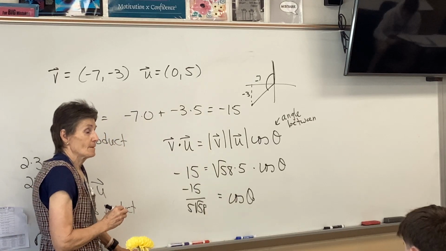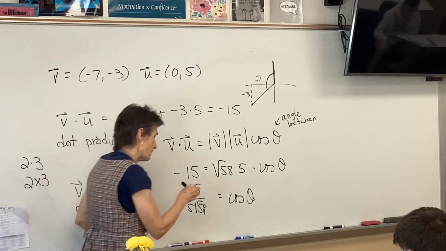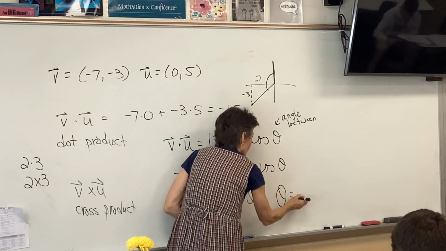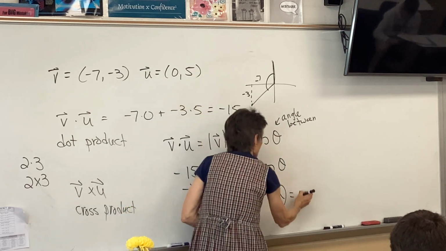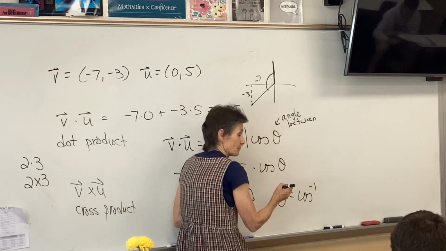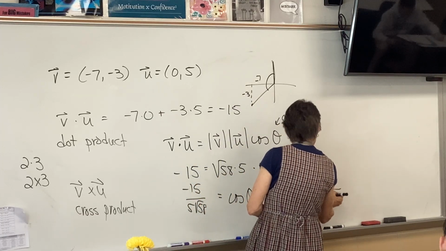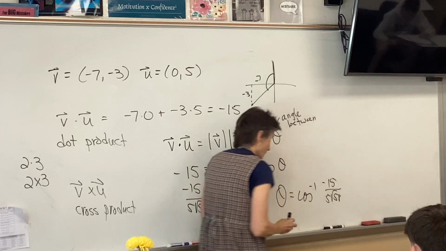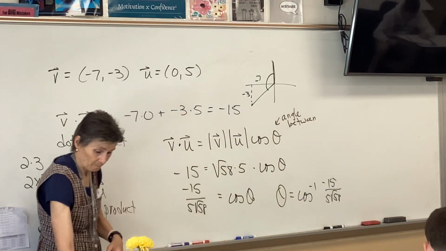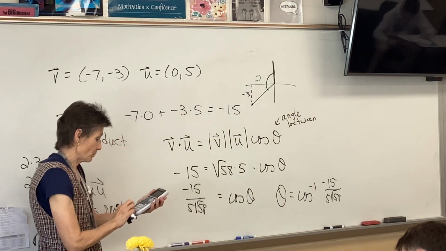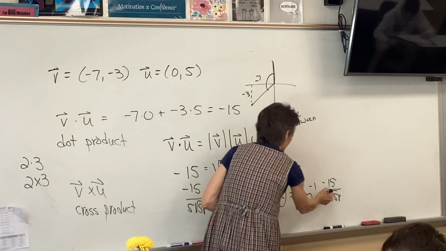And then to find an angle, what do I need to do? I need to take the inverse cosine of that number. So let's type it in. Be really careful, both of these are in the denominator.